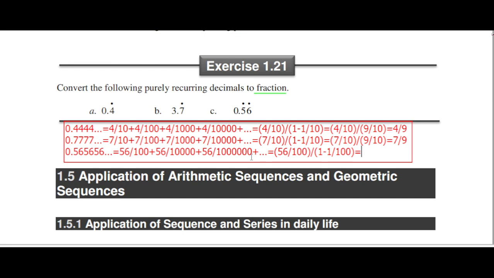This is equal to 56 over 100 over 1 minus 1 over 100, which is 99 over 100. Let's simplify 100 by 100, which gives 56 over 99.